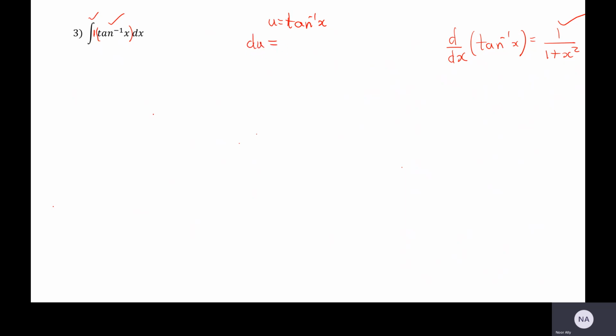So du is equal to 1 over 1 plus x squared dx. So I have the u. What about dv now? Well, dv can only be the rest of it. If arctan is u, that means dv is 1 dx. And integrating dv, integral dx, therefore v is equal to x.